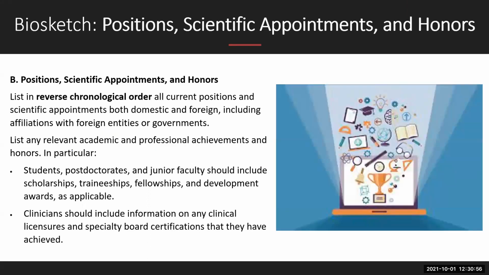The other thing is, is there still a section here, positions, scientific appointments and honors? Some of the stuff that you're talking about might be in this section. If your picture's in a newspaper article, you could say something like the title of the newspaper article featured in that article.